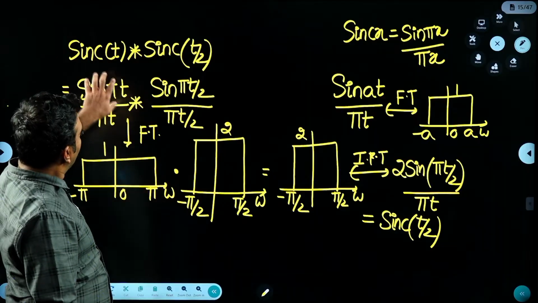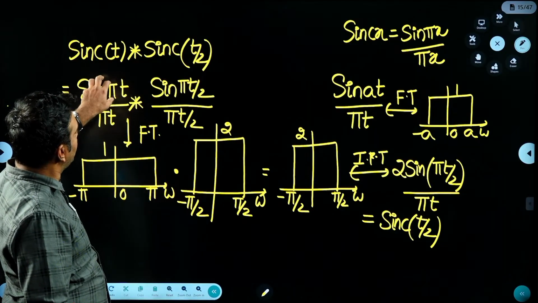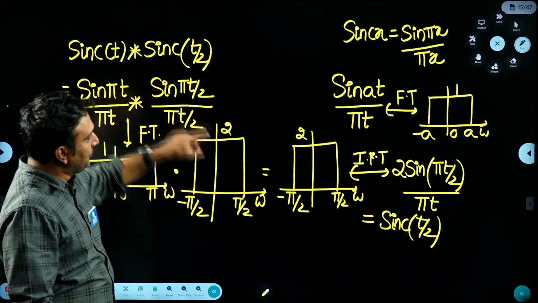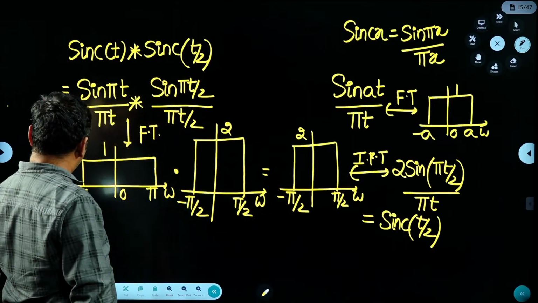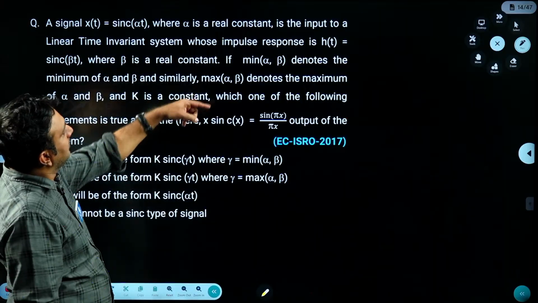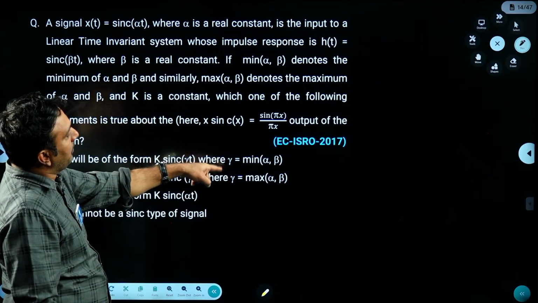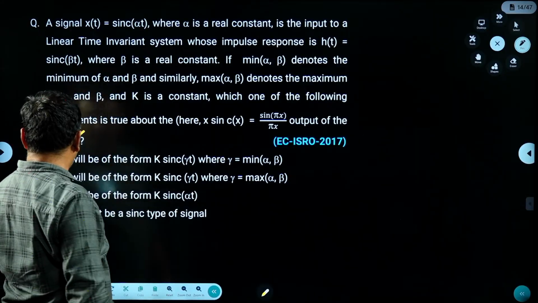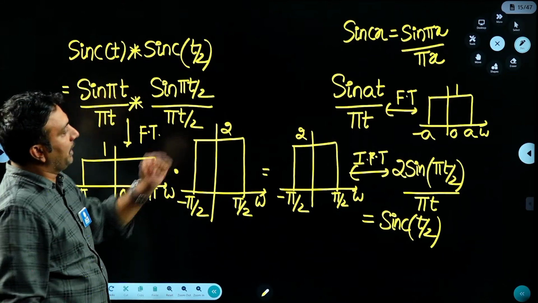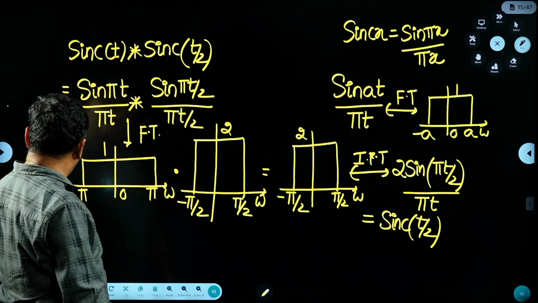Means the original frequencies we have chosen here are pi and pi by 2, but it has retained pi by 2. The question is framed in terms of alpha beta. He is asking whether we have retained minimum of alpha beta or maximum of alpha beta. Out of pi and pi by 2, which frequency we have retained? Pi by 2 is retained.